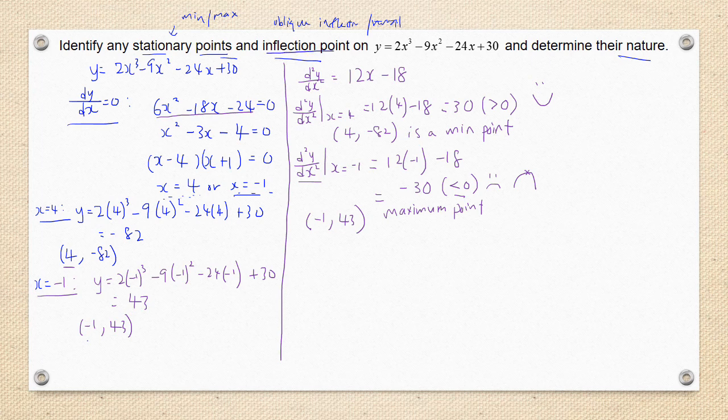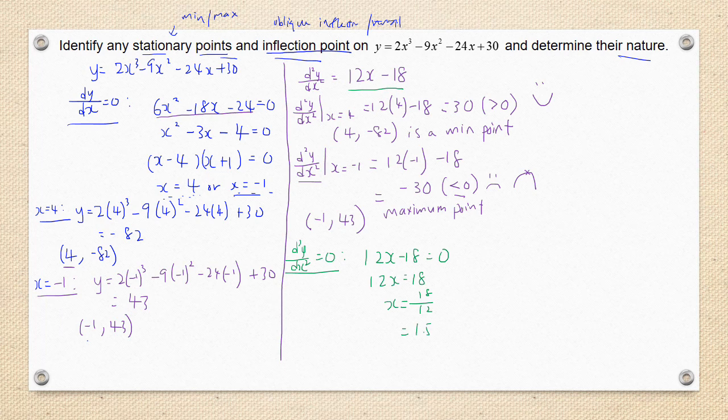Now we want to look for the inflection point. To find the inflection point, we have to set the second derivative equal to 0. We already did the second derivative here, so we get 12x minus 18 equals 0. So 12x is equal to 18, x is equal to 18 over 12, which is 1.5. So 1.5 is not yet a point.